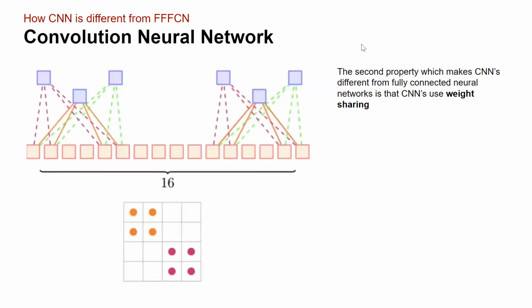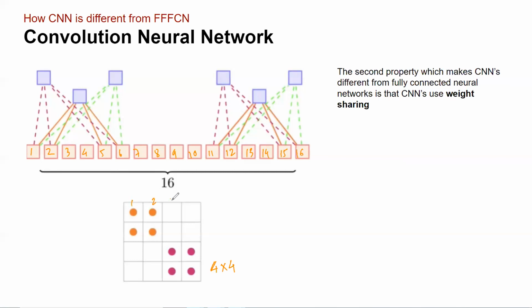Again, there is an image, and this image is a 4x4 image. If I have to flatten this 4x4 image into one big vector, I can fold it like this, unfold it like this, where this will be 1, 2, 3, 4, up to 16.